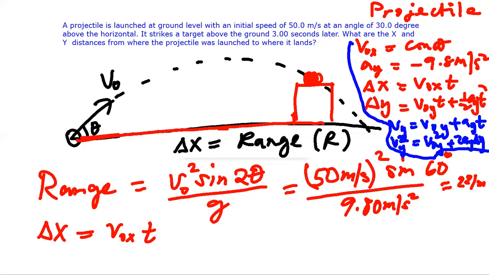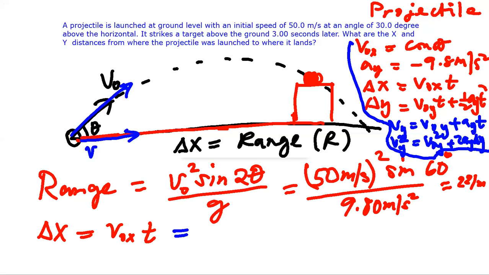So for this problem, delta x is v o x times t. How would you find the x component of the speed?